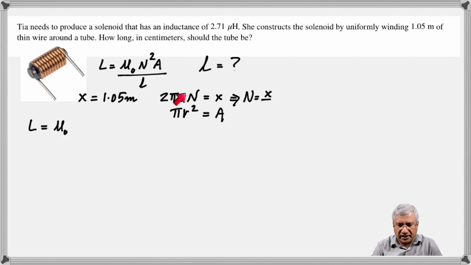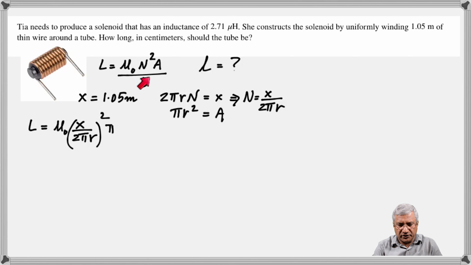So n is going to be x by 2 pi r. When you bring 2 pi r to the right side, n is x divided by 2 pi r. And then we can substitute the value of n as x by 2 pi r. But remember, it's squared, so the whole thing must be squared.